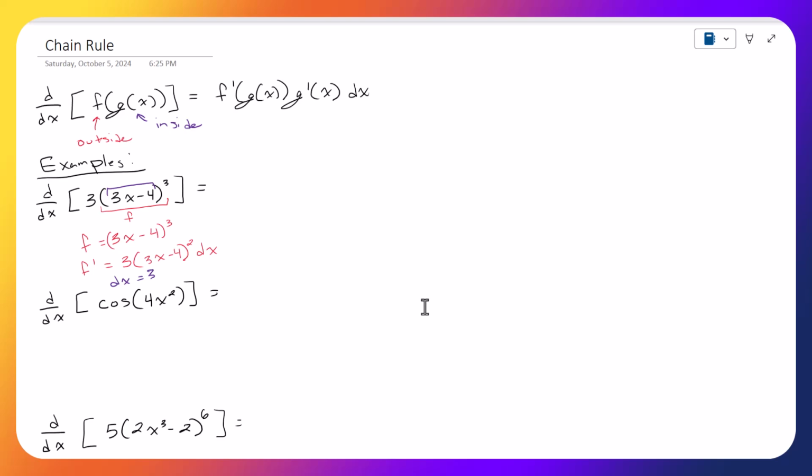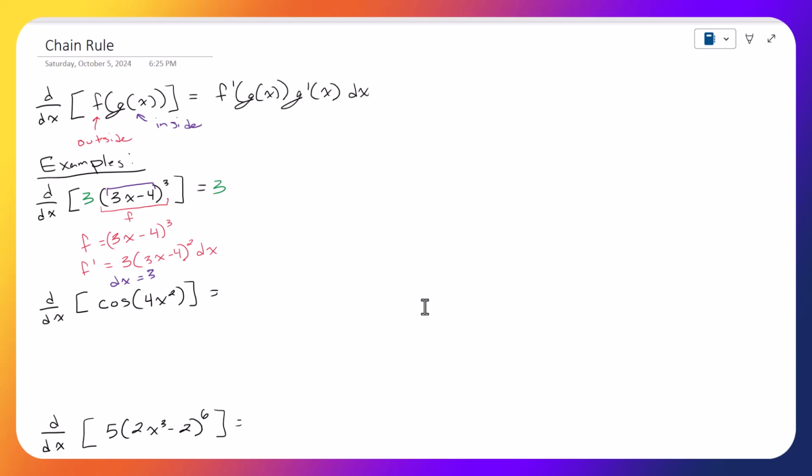And now putting everything into place, we have 3. Let me choose a different color for this 3 actually, so it'll be clear. We're just putting that 3 that I don't want to forget, times f prime of g of x, which is just what we have now.